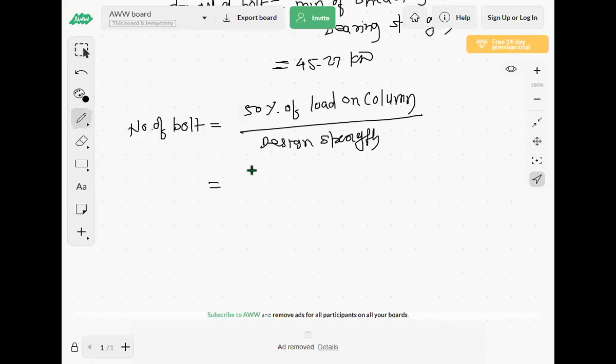So load is half of 1700, that is 1700 divided by 2 into 10 raised to 3, and design strength is 45.27 into 10 raised to 3. So the 10 raised to 3 cancel. Now tell me the total number of bolts.